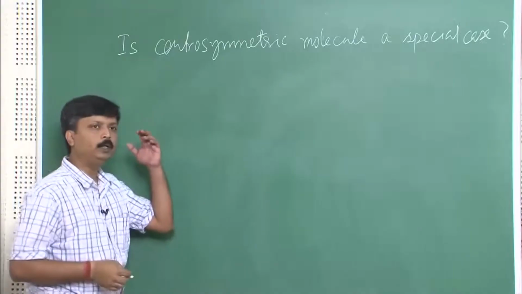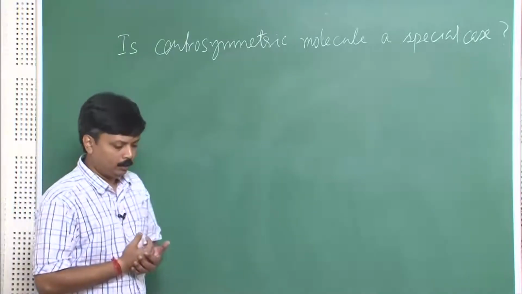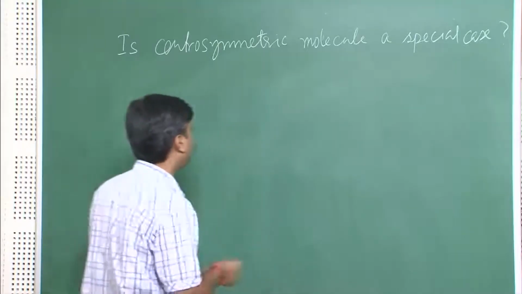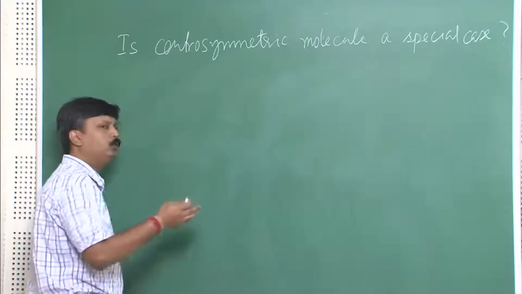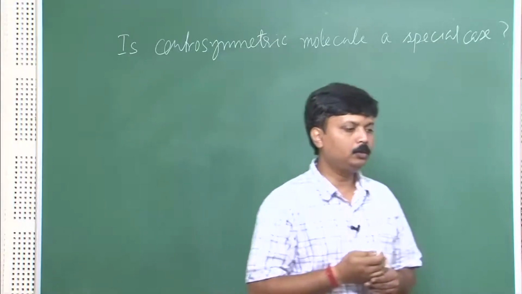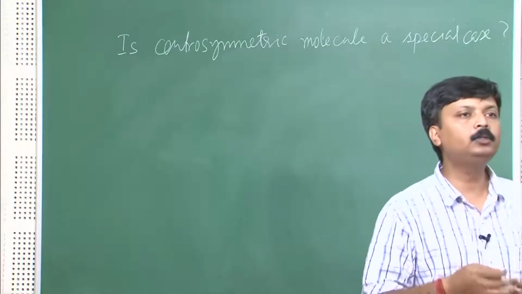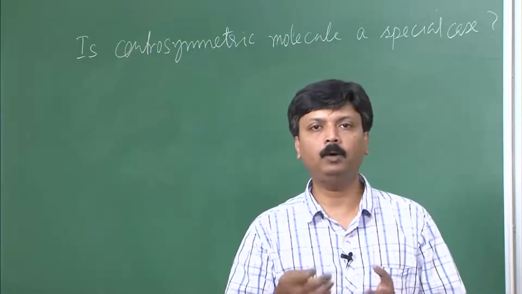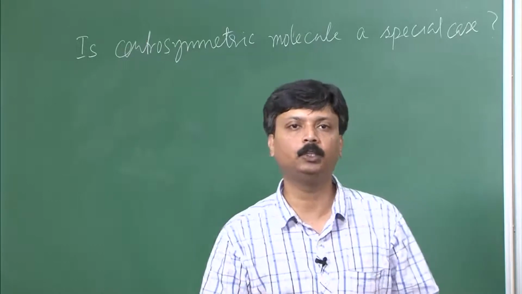So for showing IR spectra for any normal mode, the normal mode should transform as the irreducible representation for which any one of the Cartesian coordinates forms a basis.